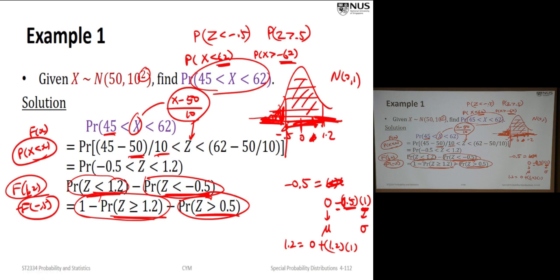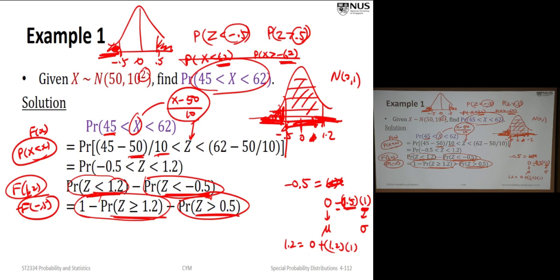This one, because it's symmetric about 0, Z less than minus 0.5, that means this part, this probability is the same as this probability because it's symmetrical. If you don't get it, put a mirror there and see whether this part is the mirror image of that. Well, this is not, because the mirror that you put is not at 0, but at the center, which is 50. So it's not.